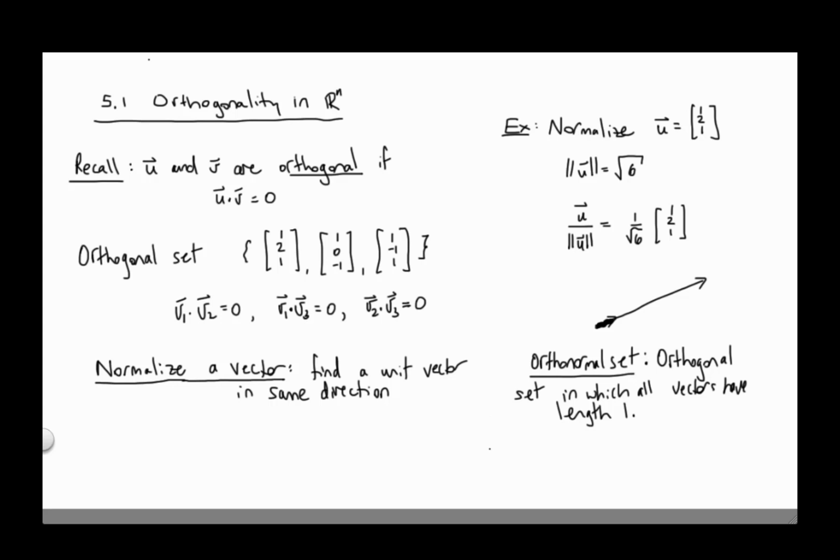So just to do a quick example here, we could build on our orthogonal set that we had back over here, and we could just scale each of those vectors. So we could say if you took 1 over root 6 times 1, 2, 1, and 1 over root 2 times 1, 0, negative 1, and then similarly 1 over root 3, 1, negative 1, 1. So there we have an orthonormal set.